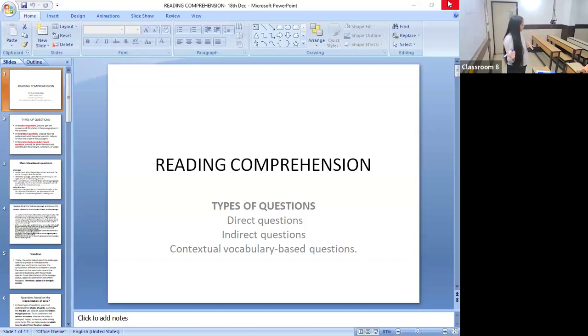Now since it's college level, the higher level, it'll tell you how to identify the answers, because the passage will be tricky and you don't have enough time to solve the questions. So we'll tell you the strategies. That will be the core of our sessions: how to solve this type of question, how to solve another type.